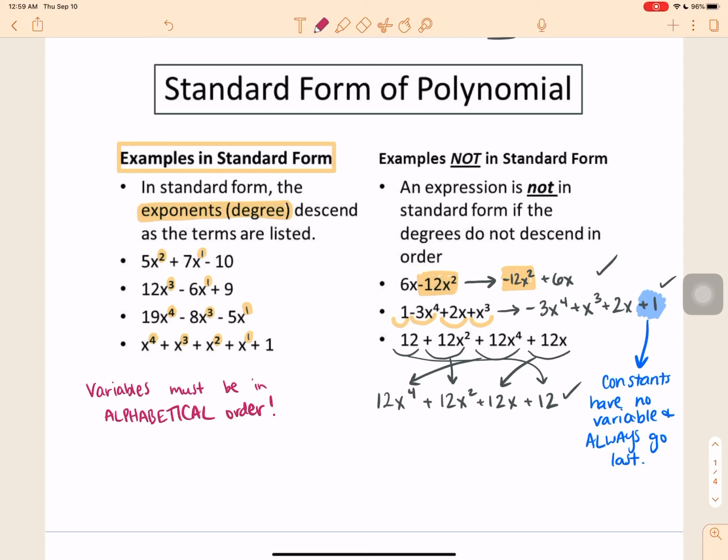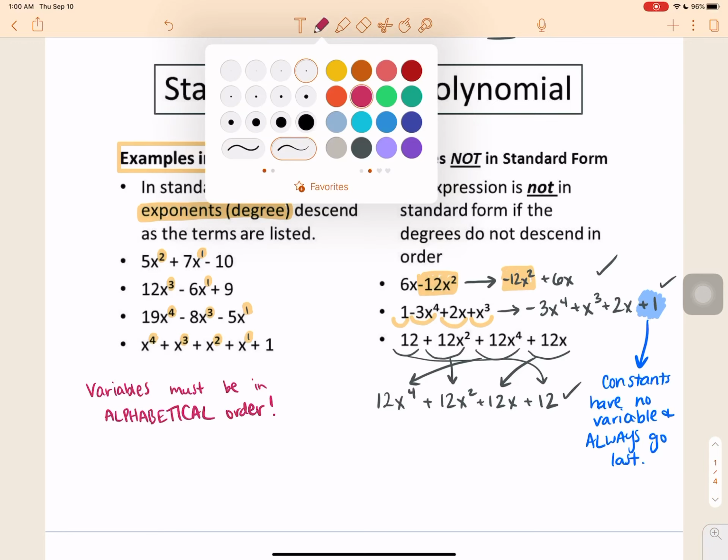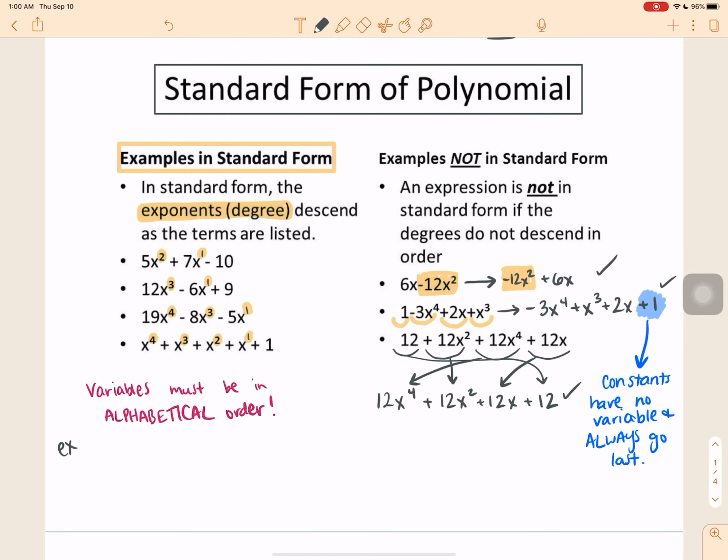Okay. So here, what I'm going to do is give you guys an example of one that's not in alphabetical order. So let's say that I have 3c plus 2b minus a squared b, okay, minus 4c cubed.